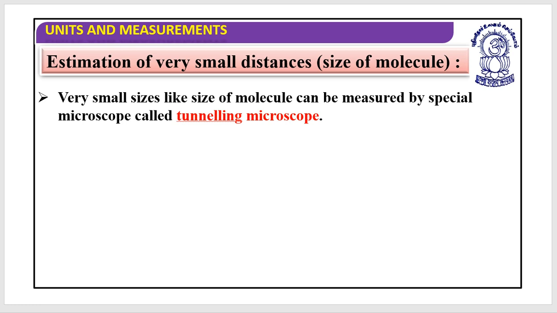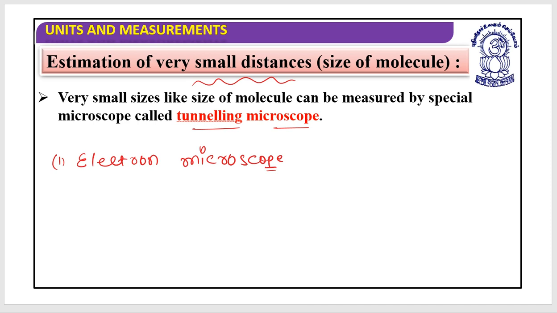Okay. Next is the estimation of very small distances. If you need to calculate very small distances, you can use certain kinds of microscopes. One option is the tunneling microscope. Other options, you can have an electron microscope, and so on. Previous one was when you need to calculate very large distances.